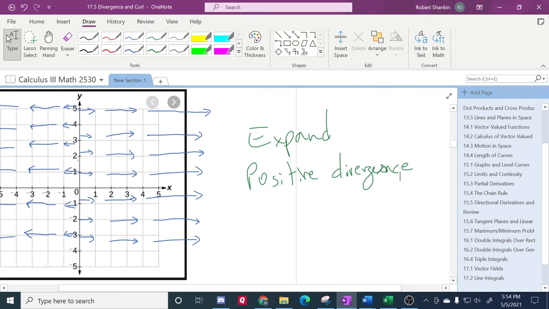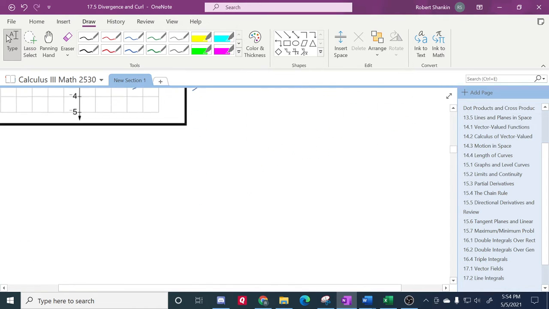So every time you increase x by 1, you move to the right. You might have been up here, you're moving to the right. Doesn't matter what vertical position you're at. As you move to the right 1, the x component of the vector increases.